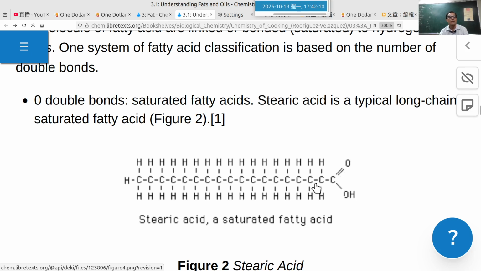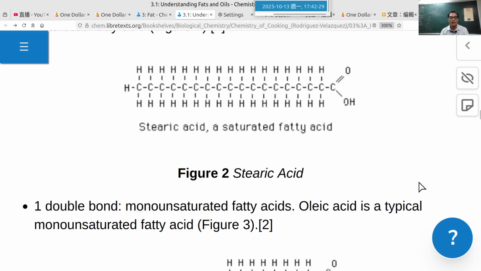The line you can call it dash or hyphen. I prefer to call it hyphen. The hyphen between each carbon atoms, there is one single, just one. It means single bond. And this one, no double bonds. This one is a double bond, but it's not this classification. Okay, next one.